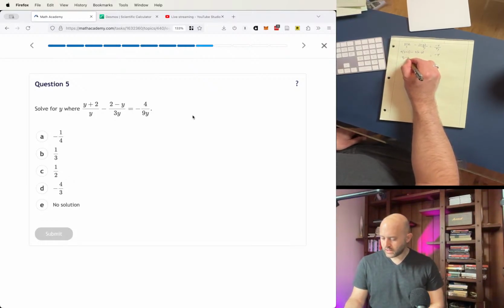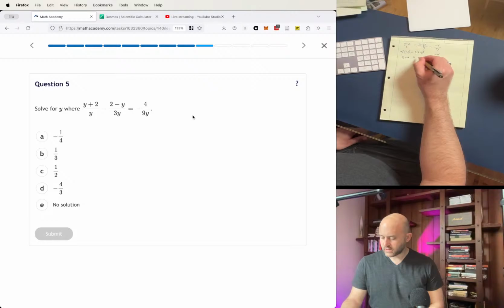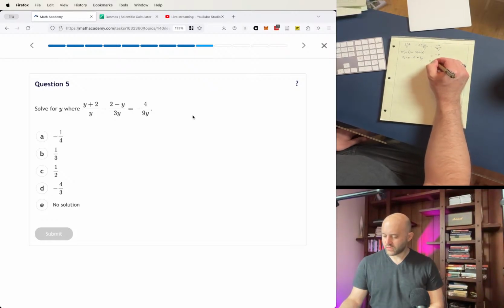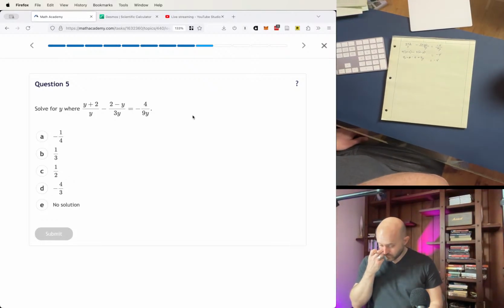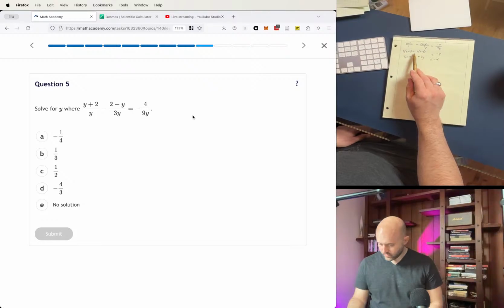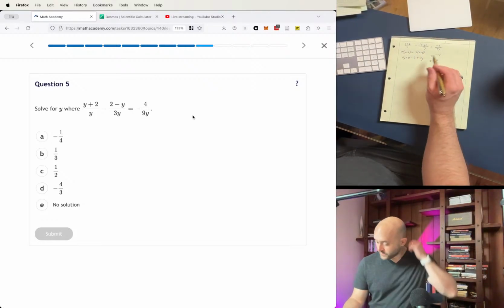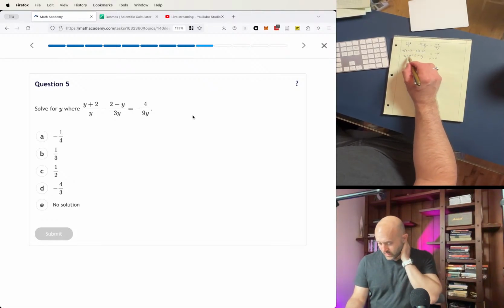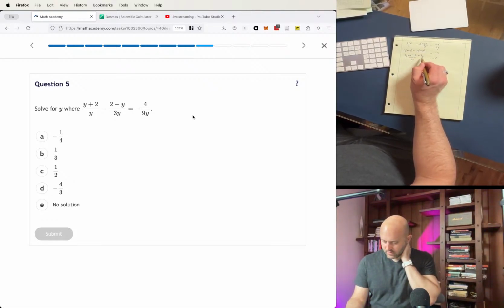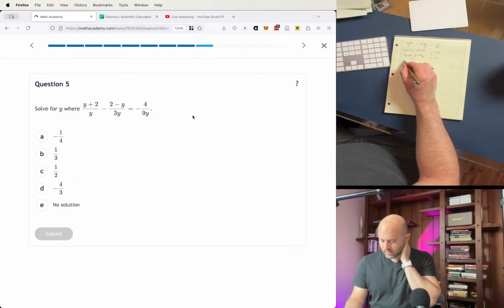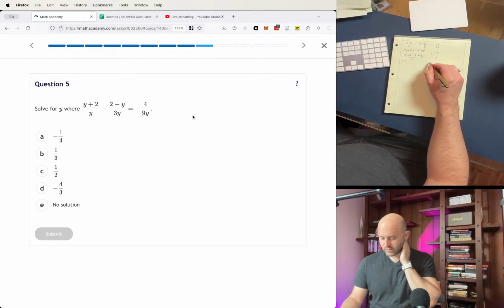9y plus 18 minus 6 plus 3y equals negative 4. Negative 3 plus 3, so this thing goes to 12. That goes to 12y plus 12 equals negative 4.